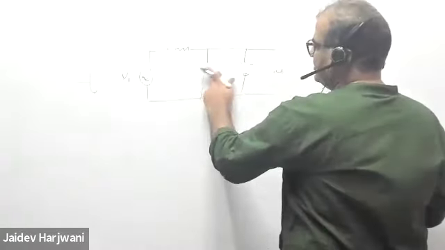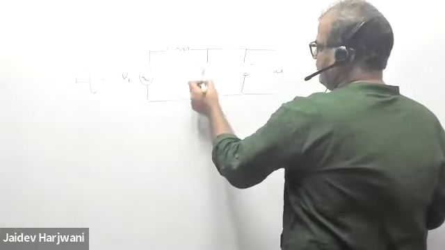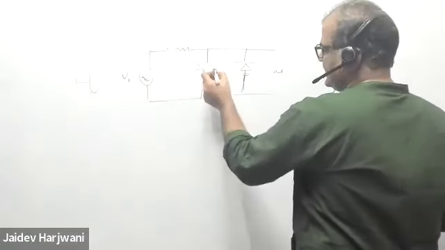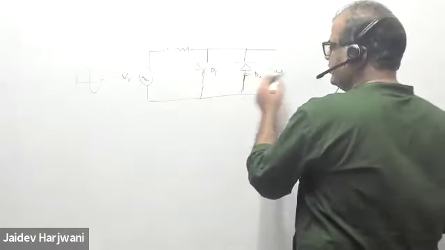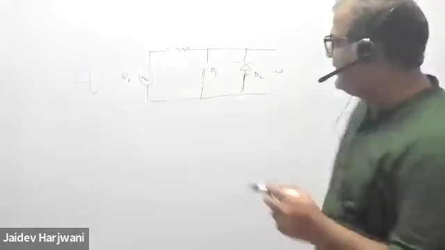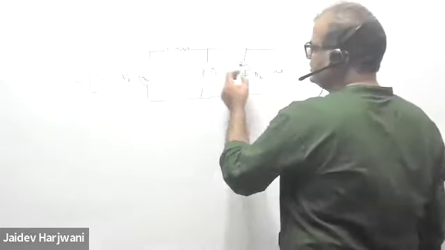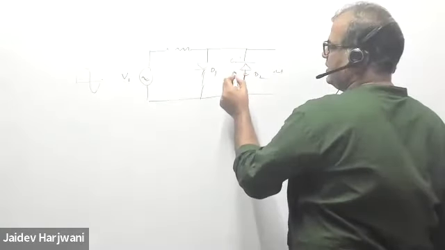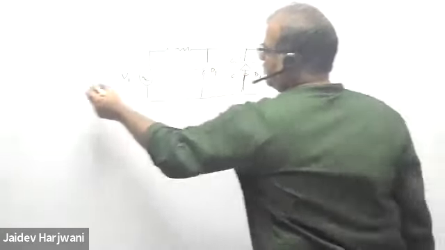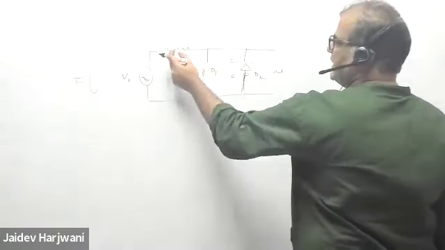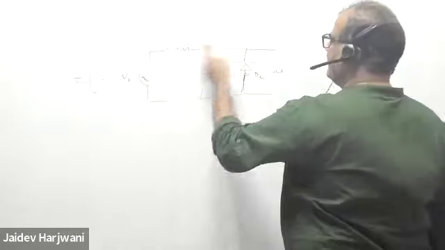Before that, say this diode is D1 and D2. If the V input value is less than 0.7, in the positive cycle, this is always off, and this is also off until you achieve 0.7. So there will be no current, and your V input will be V output.